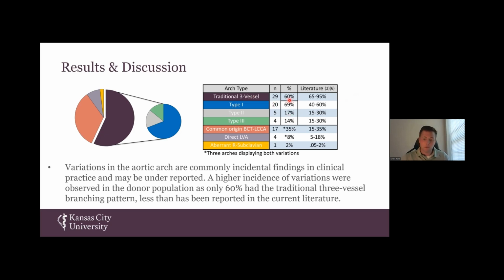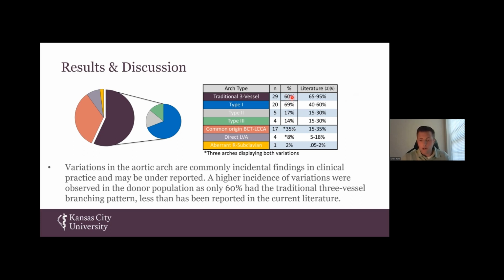So then within our type 3, you can see the distribution of the type 1, 2, and 3. And then 17 of our donors had a common origin for the brachiocephalic trunk and left common carotid artery. 4 of our donors had a direct left vertebral artery. And then 1 of our donors did have an aberrant right subclavian artery.